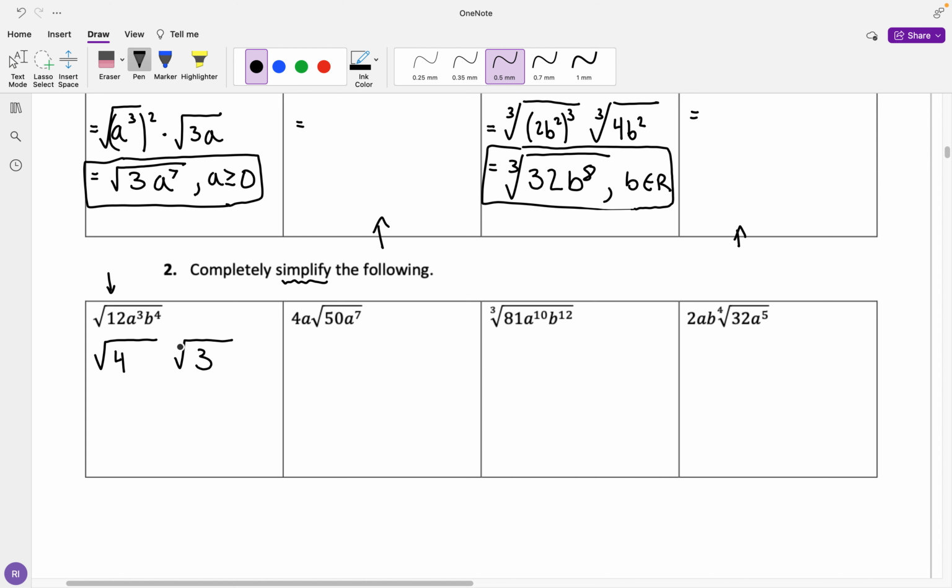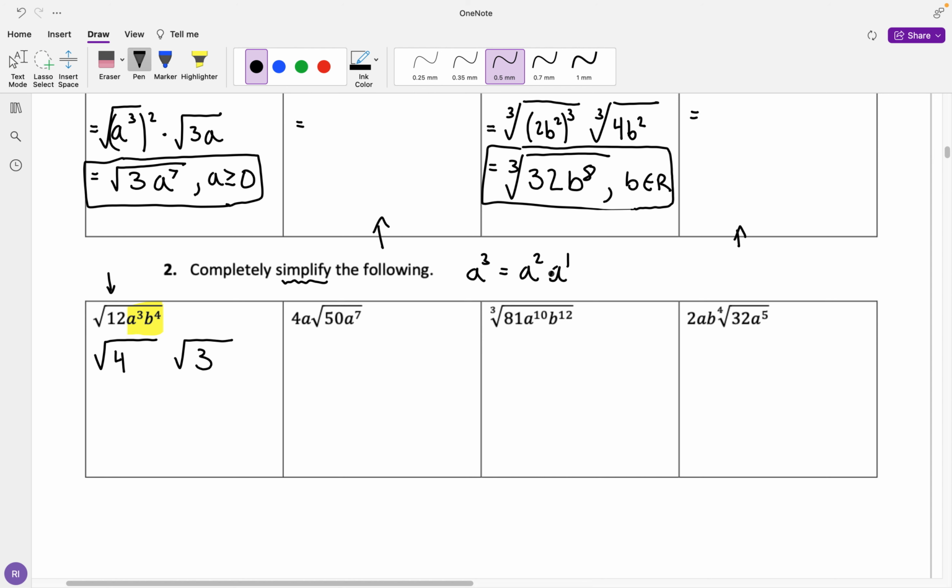Now, I'm going to show it a little bit differently than before because I think it'll be somewhat useful to see how we're going to deal with the variables here. And it works like this. a to the power of 3, using our exponent rules, can be written as a squared multiplied by a to the 1.